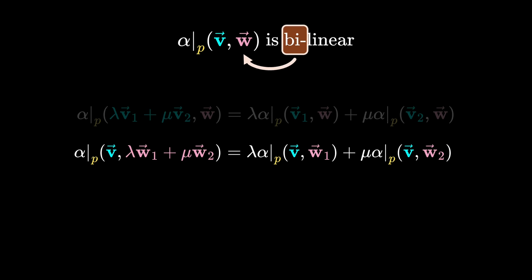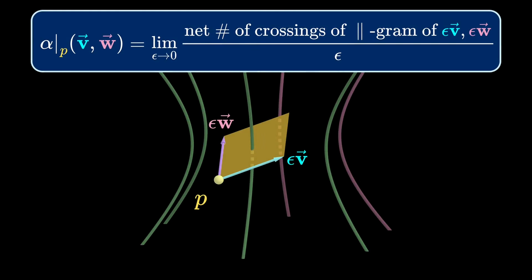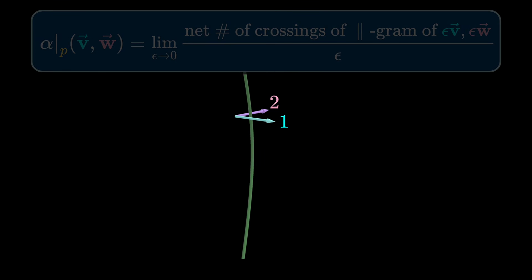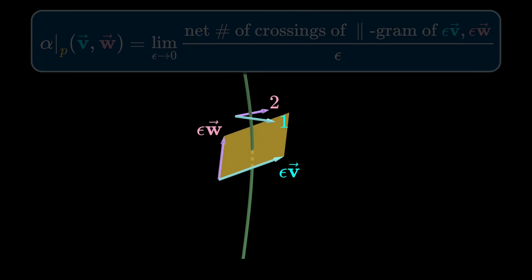However, there is one new thing in this case, which is orientation. In this picture, each line carries orientation indicated by two arrows in order. If the vectors v and w follow the same orientation as that line, it is counted positively.